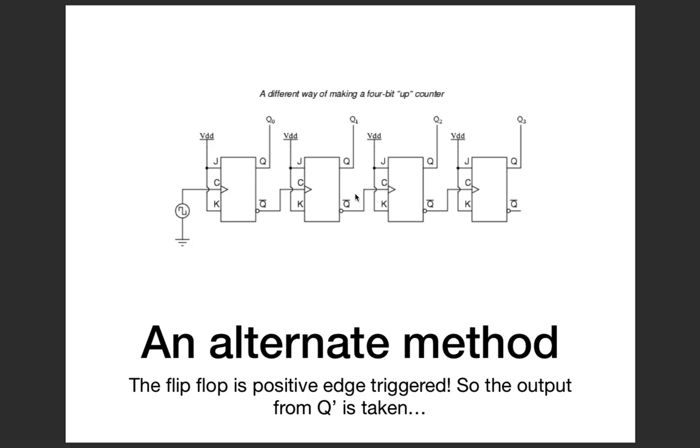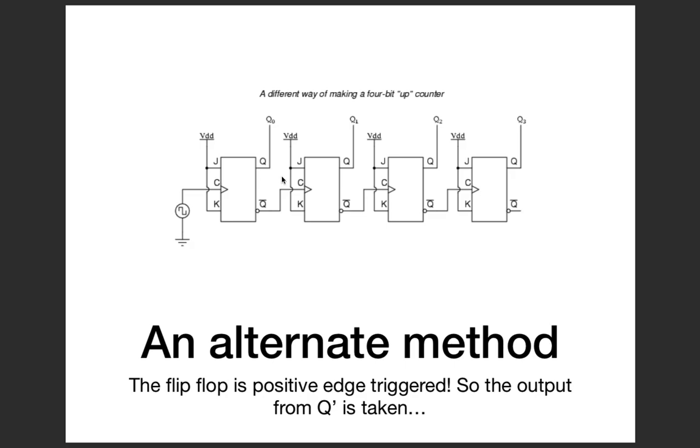It's a rising edge triggered flip-flop. If you want to use a rising edge flip-flop and still make it work for falling edges, you connect it to the Q complement. Whenever Q rises, Q complement will fall, and whenever Q falls, Q complement will rise.